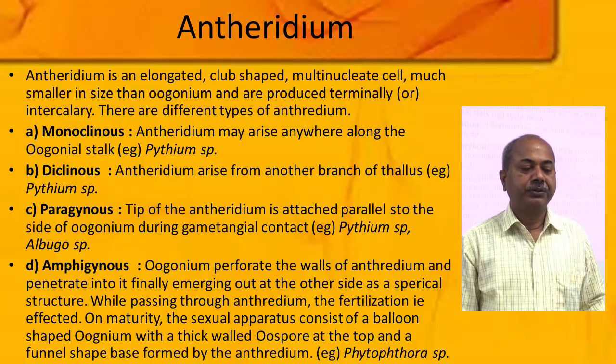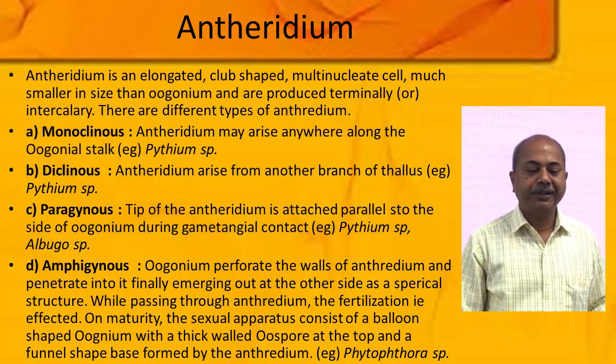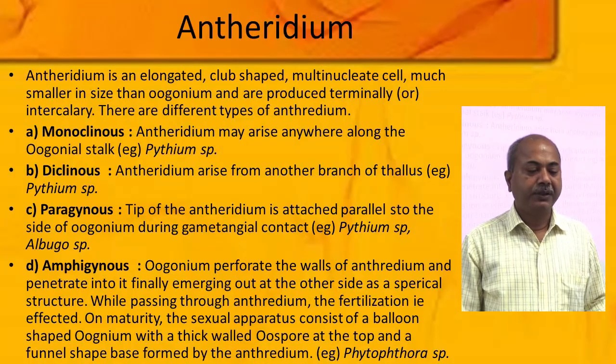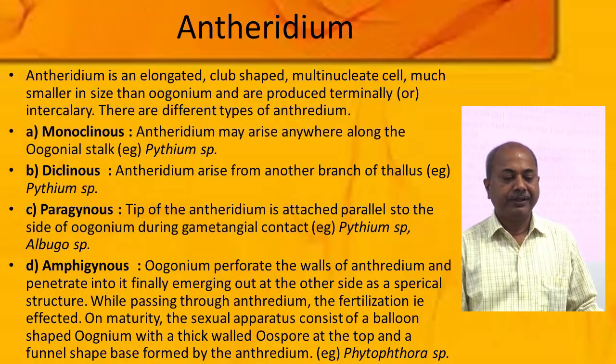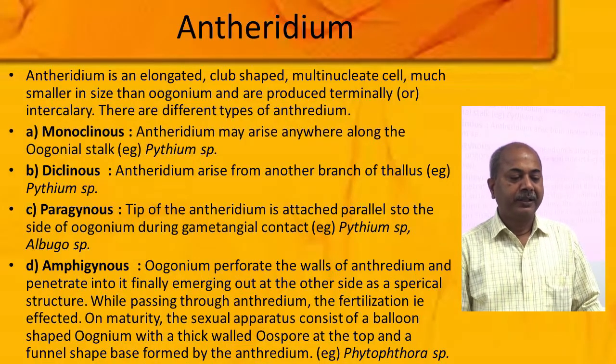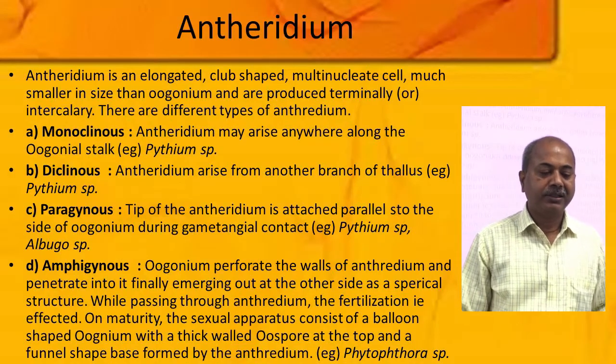Antheridium basically is an elongated club-shaped multinucleate cell, much smaller in size than oogonium, and is produced terminally or intercalary. There are different types of antheridium: monoclinous, diclinous, paragynous, and amphigynous.